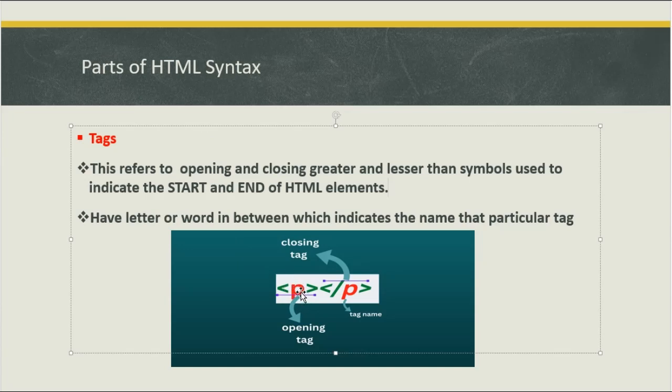So this P is the name of the tag, and this tag is for the paragraph. We have the opening tag and the closing tag, and the closing tag has the slash before the name of the tag. Then we have closed the tag. That's how HTML tags work when it comes to HTML syntax. I hope this has been understood.